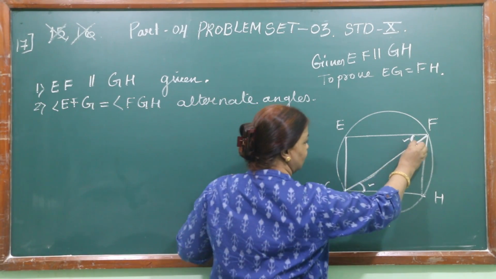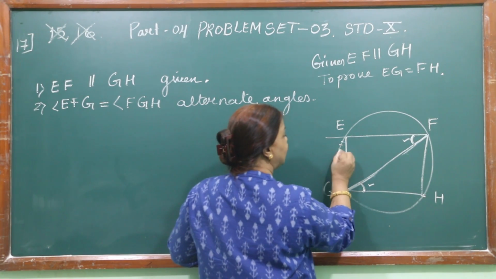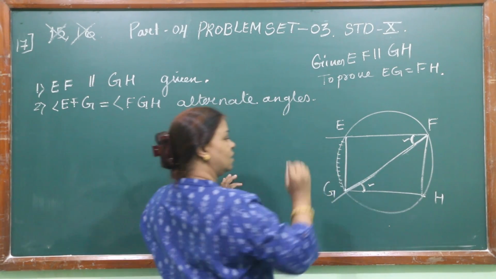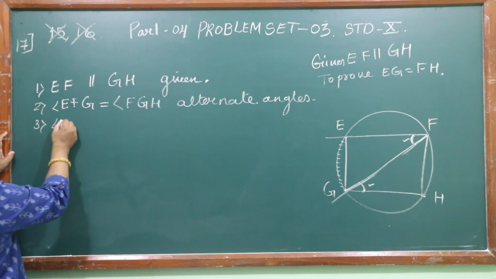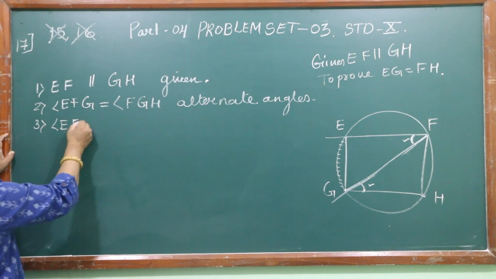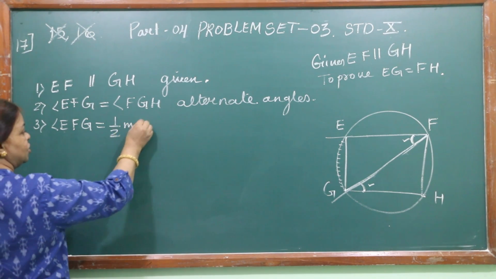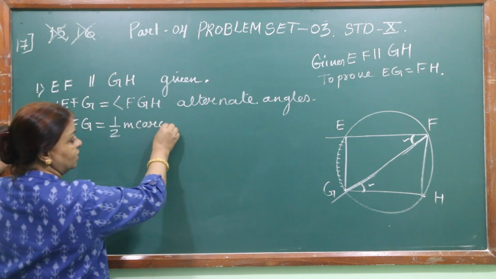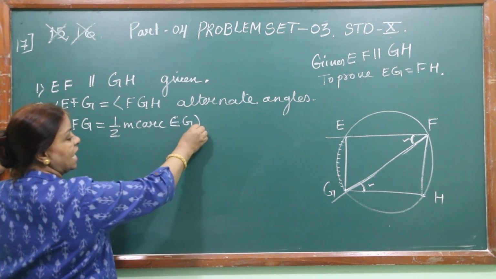Now look at this angle. This angle is intercepting this arc. So I can write the third point: angle EFG is equal to half of major arc EG, by the inscribed angle theorem.